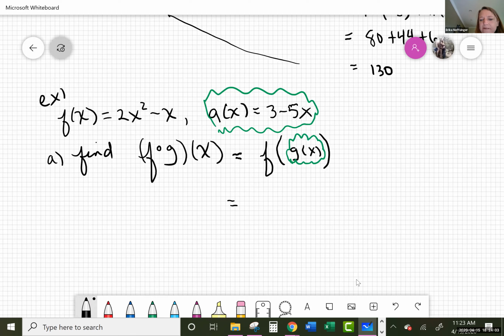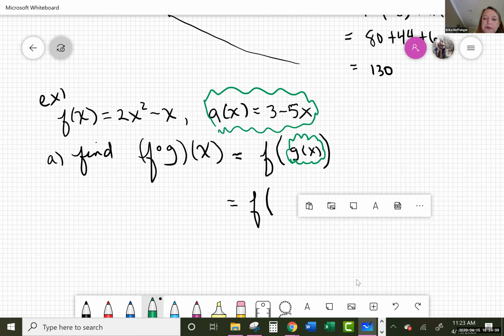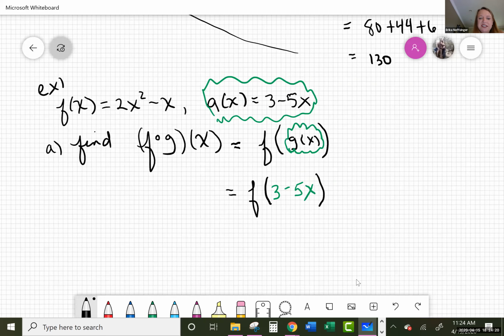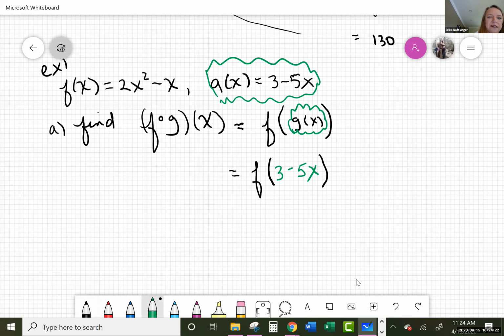So I get f of, well, g of x is 3 minus 5x, parentheses. So that's telling me, instead of plugging in a number like we were doing before with -2, I'm going to replace x in f of x with this whole 3 minus 5x.